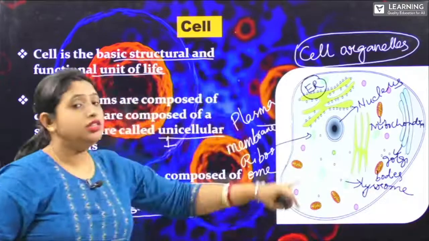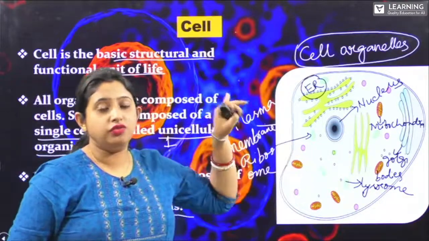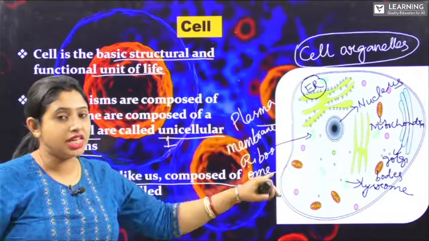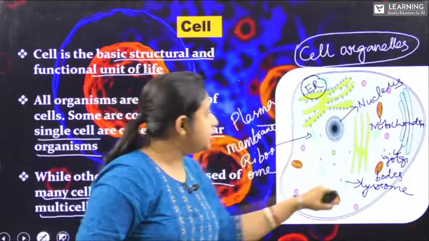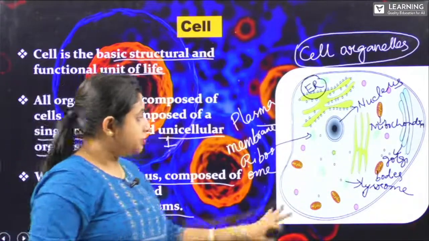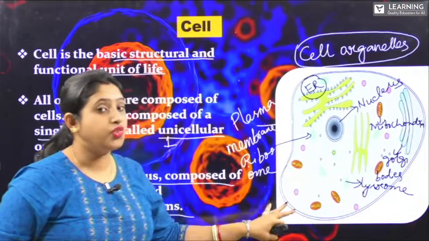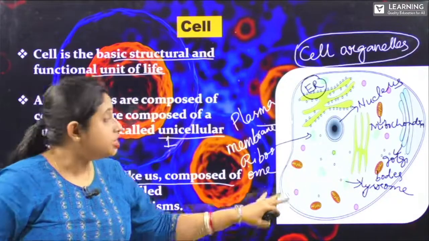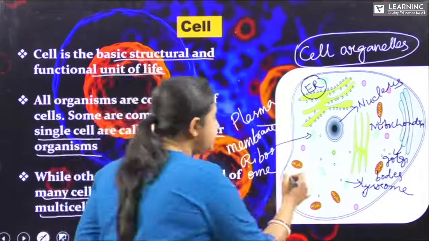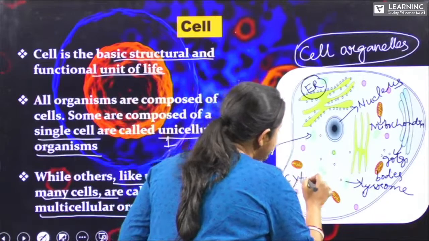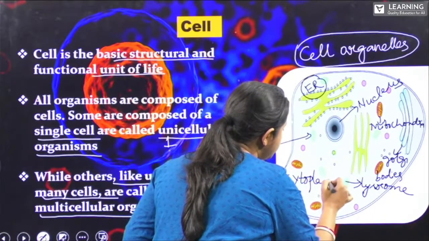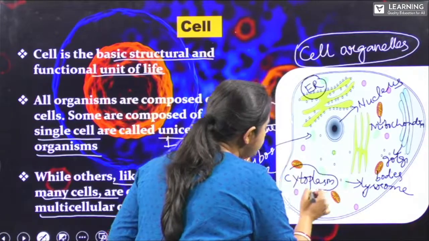All these cell organelles are present inside the cell, and they lie in the cytoplasm. You can see the matrix where the cell organelles are present. That matrix is known as cytoplasm.